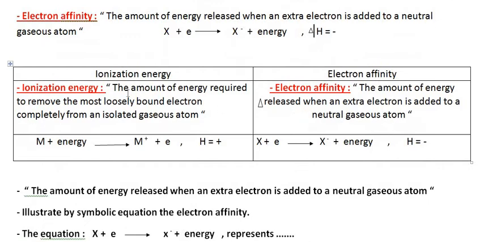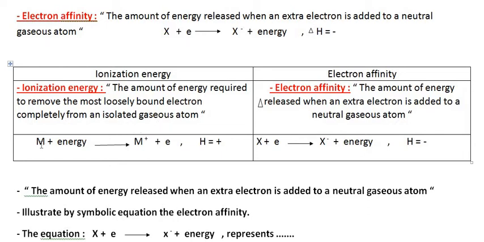So if you want to compare ionization energy and electron affinity: in ionization energy, energy must be exerted to remove the most loosely bound electron completely from an isolated gaseous atom.